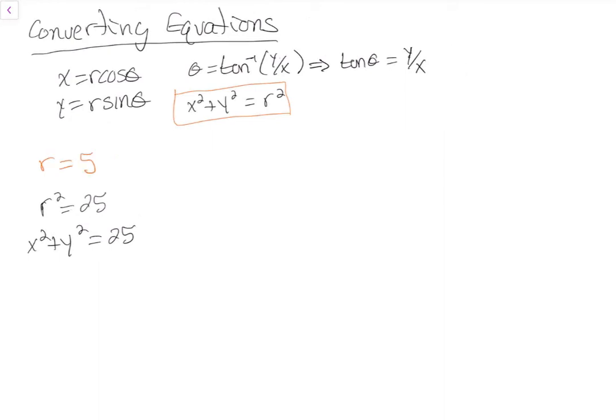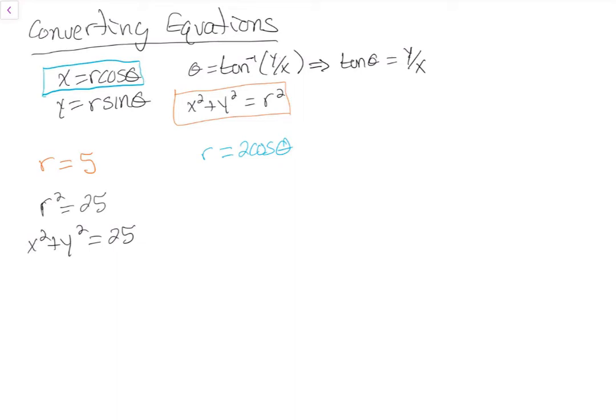For the next example, let's come back to that problem we had graphed in the very beginning, r equals 2 cosine theta. If I'm trying to convert this polar equation back to Cartesian, this one's a little trickier. Right here, I have r cosine theta equals x.